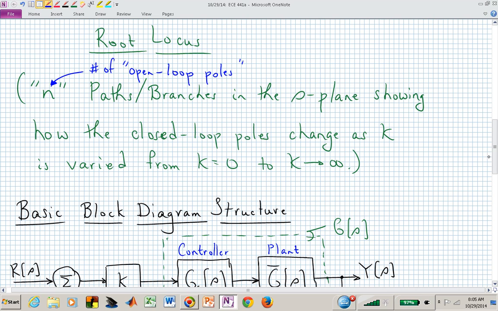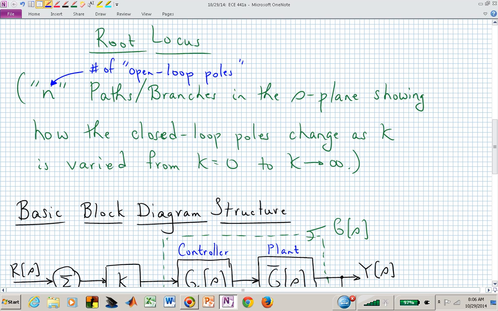Let's just quickly set the stage for this process. I think all of this we have talked about, but we are going to typically say we have n poles, little n. We're just going to say little n is how many poles we have in our system.